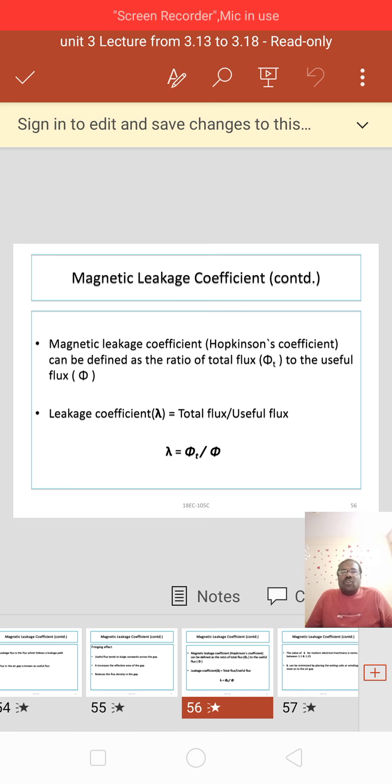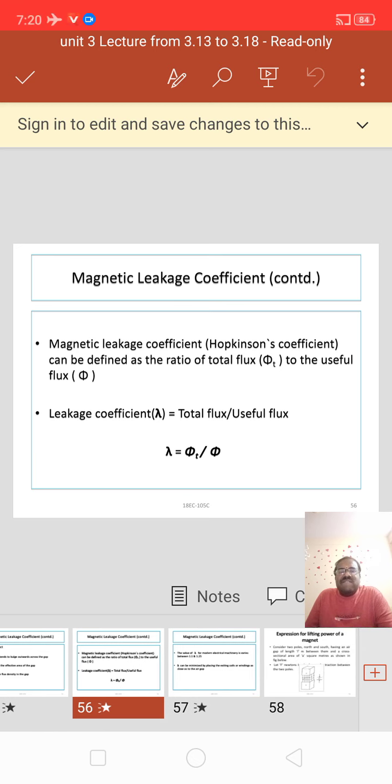It can be defined as the ratio of total flux phi t to the useful flux phi. The leakage coefficient is denoted by the letter lambda, which equals total flux by useful flux. Lambda equals phi t by phi.